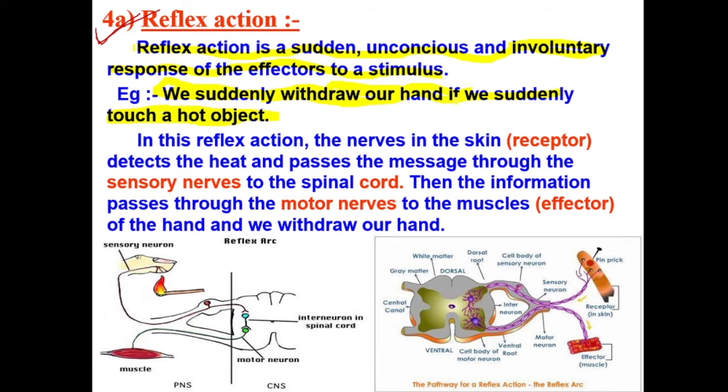Because suppose you are touching something very hot, then you would have to think, okay, this is very hot, my hand is burning, now I should remove my hand. If this happens, your hand will burn immediately, right? There will be tissue damage. So this is a very urgent reaction, and in an urgent reaction there is no time to inform your brain. This happens without informing the brain, without thinking. This happens immediately, right?